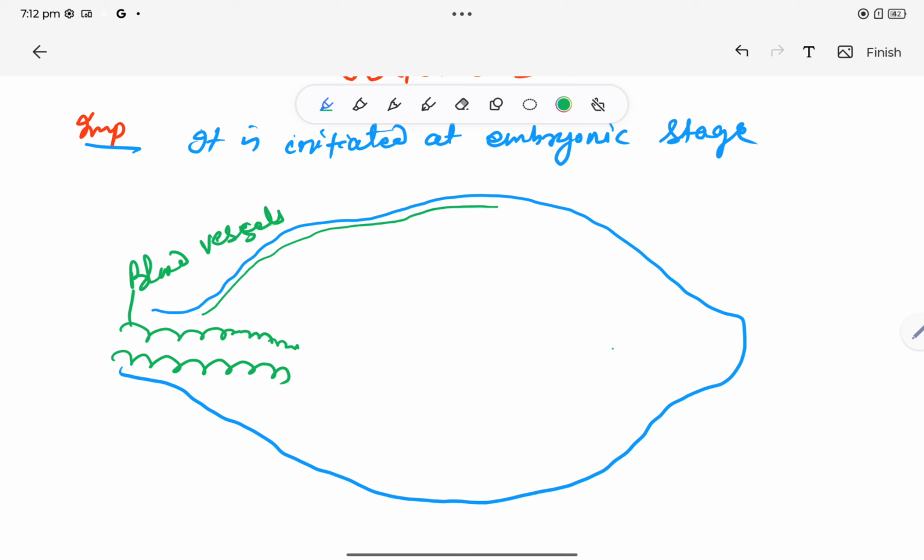This lining is called germinal epithelium, which consists of epithelial cells.